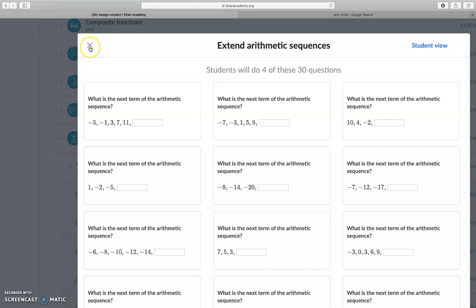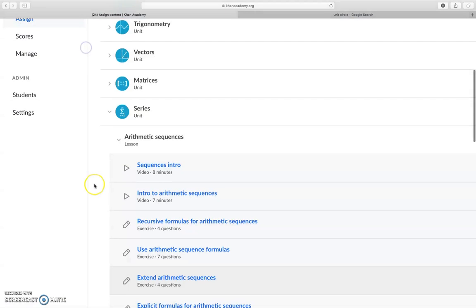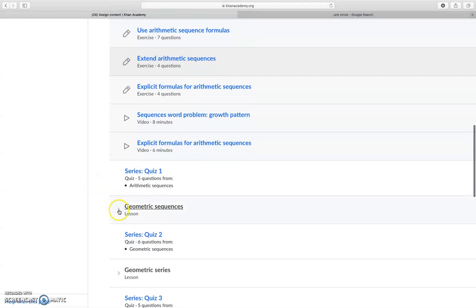But we're going to be talking about arithmetic sequences, arithmetic lists. An arithmetic sequence just means that they're either adding the same number each time or subtracting the same number each time. There's another type of sequence called the geometric sequence. Oh, here they are.